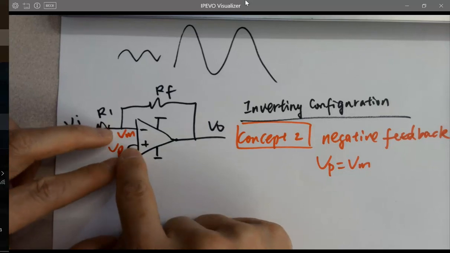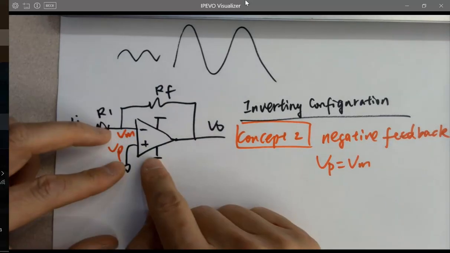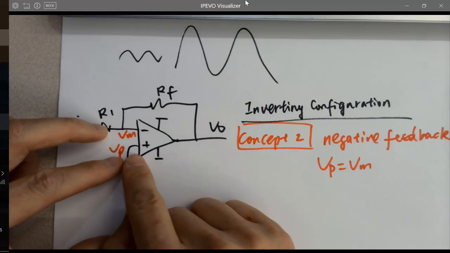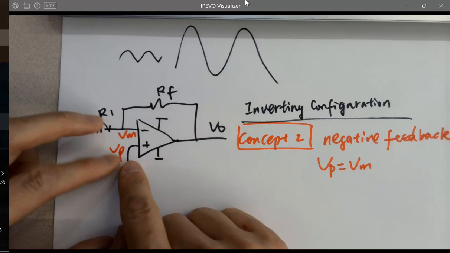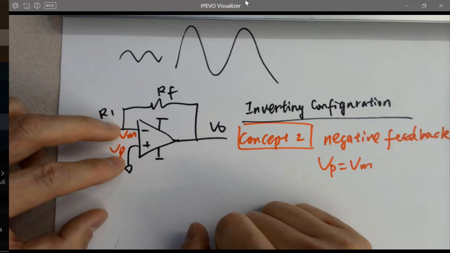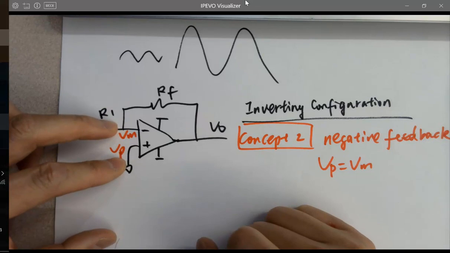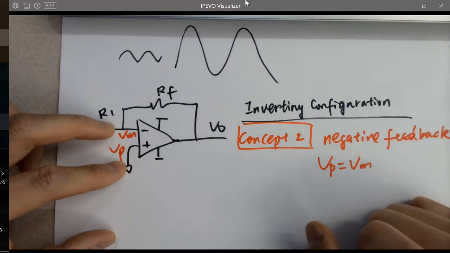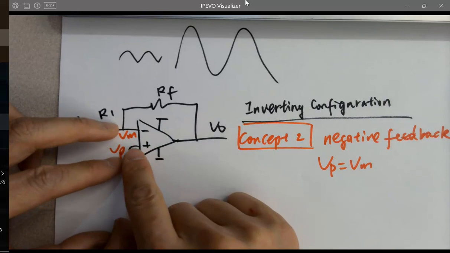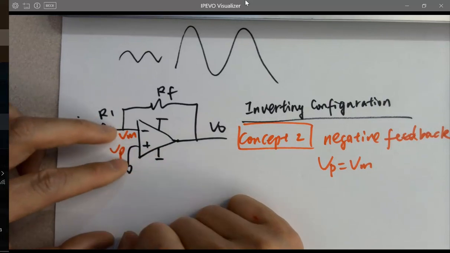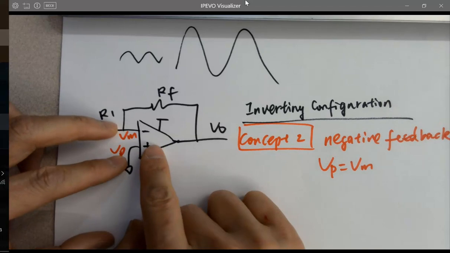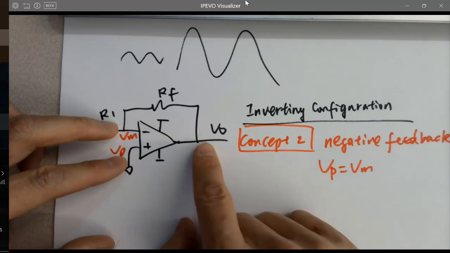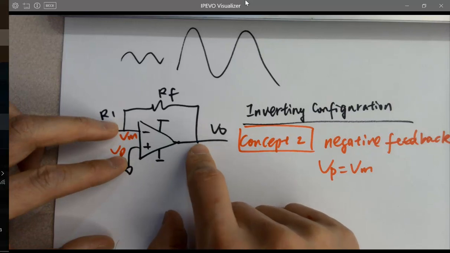Because the open loop gain is huge, no matter how you connect it, since you have negative feedback, VP minus VM times the open loop gain is still valid. If VP and VM were not equal at the very beginning, because the open loop gain is huge, it's going to amplify that like crazy, giving a huge voltage.